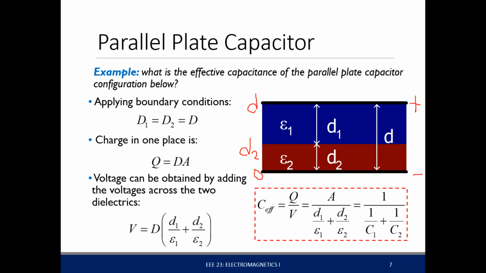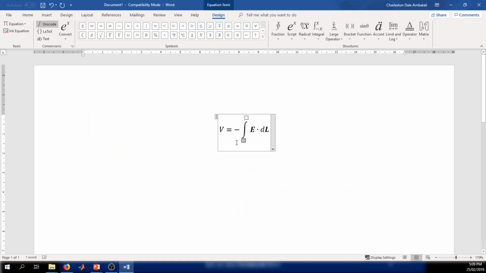So that's negative the integral from 0 to d. That's the potential difference between your point at the top and the one at the bottom. To get that, you integrate from 0 to d. Is that correct? Correct me if I'm wrong.